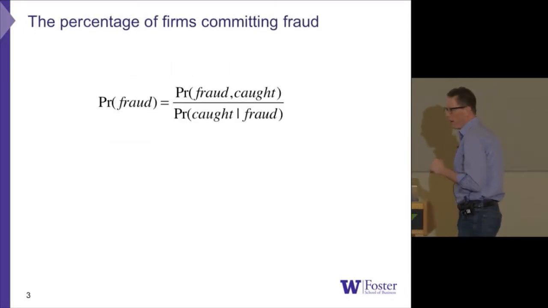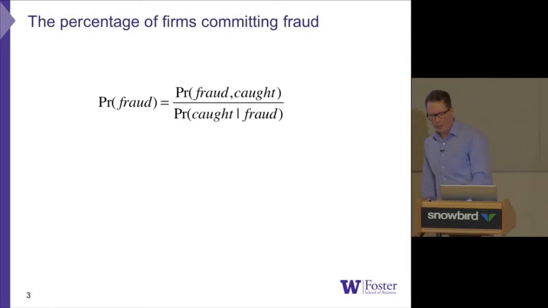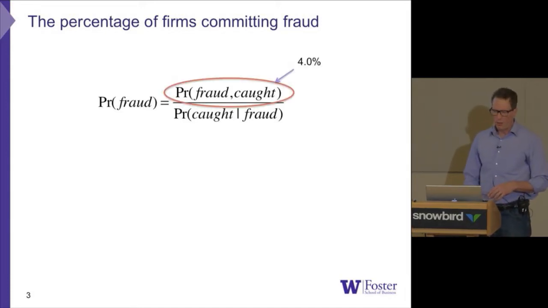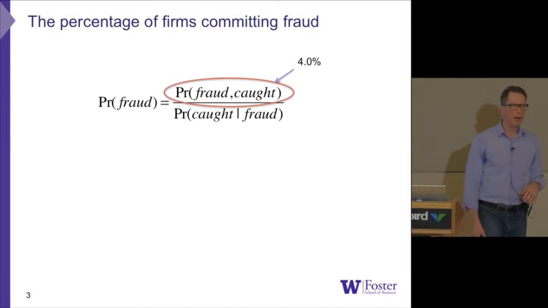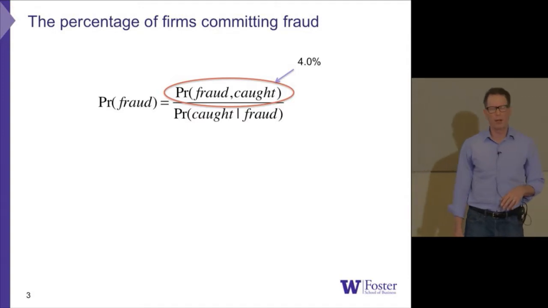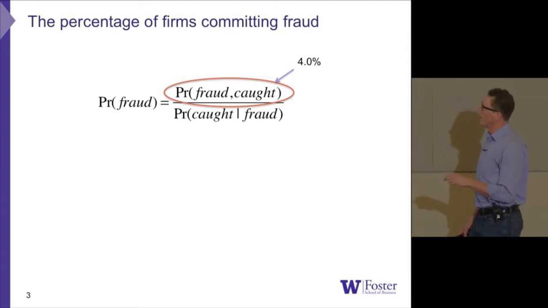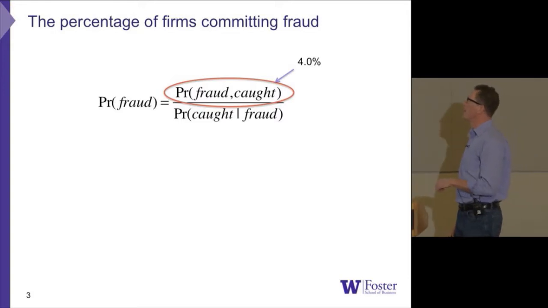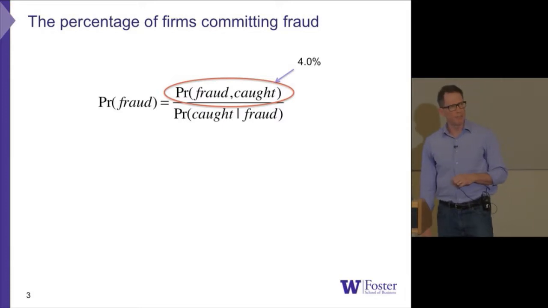So the authors start by exploiting the rule for conditional probability and say, if we want the thing on the left-hand side, and we can come up with some observations that tell us the probability that firms both commit fraud and get caught, all we have to do is come up with a denominator in this equation.